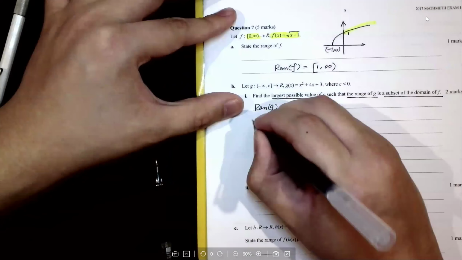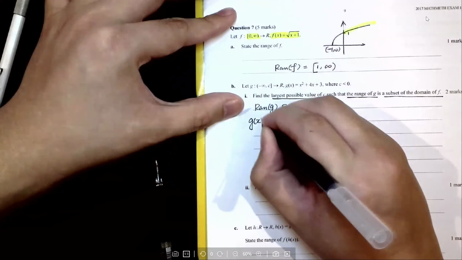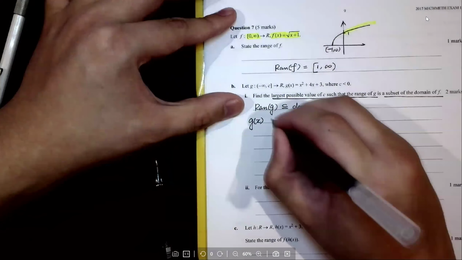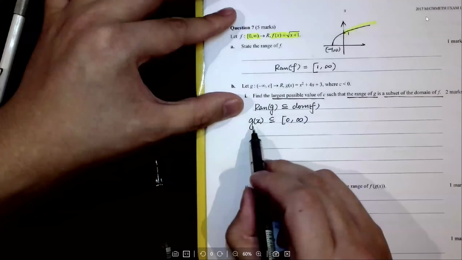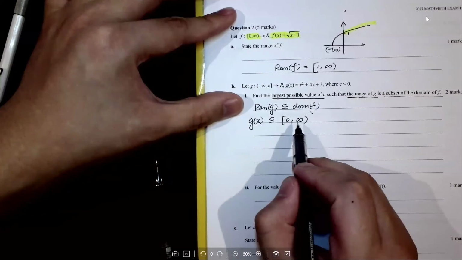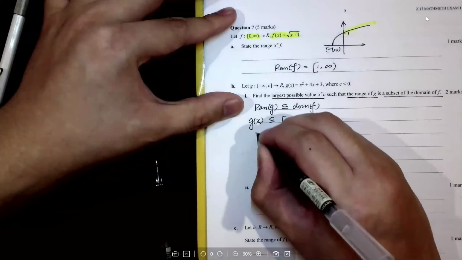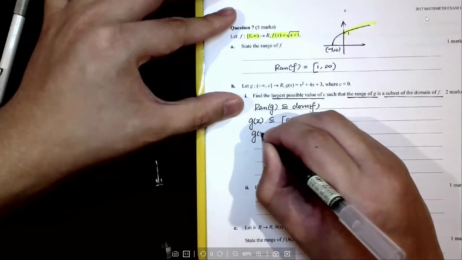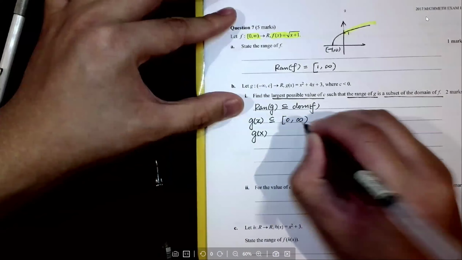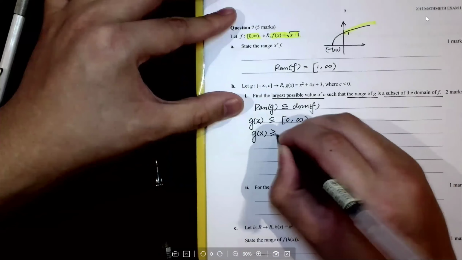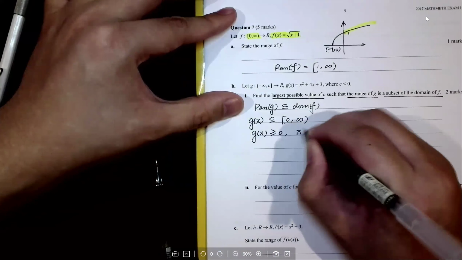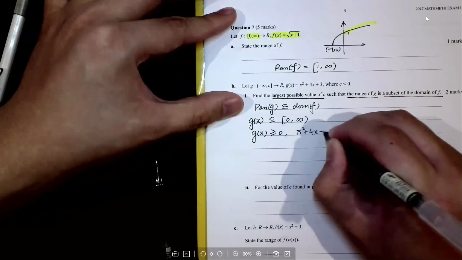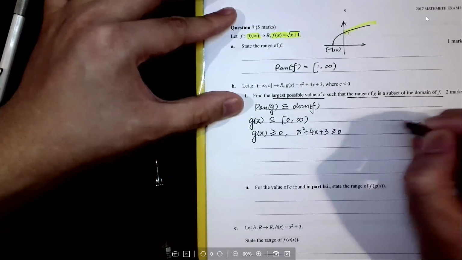So range g, symbolically, is the expression g of x, a subset of 0 to infinity. So I can transcribe this as an inequality. If g of x is within this 0 to infinity, that means any g of x must be greater than or equal to 0. So you would have x squared plus 4x plus 3 is greater than or equal to 0.